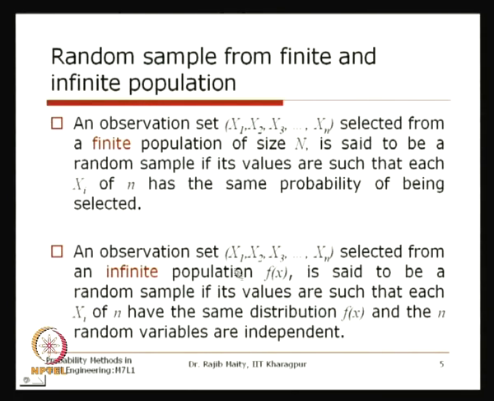Each observation, the first, second, third up to n, is also a random variable. So these variables should have the same distribution f(x), which is the same as the distribution of the population, and all these n elements of the set are independent of each other. Then we can say that this set is a random sample.